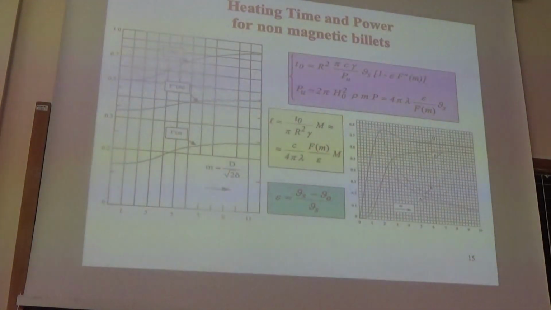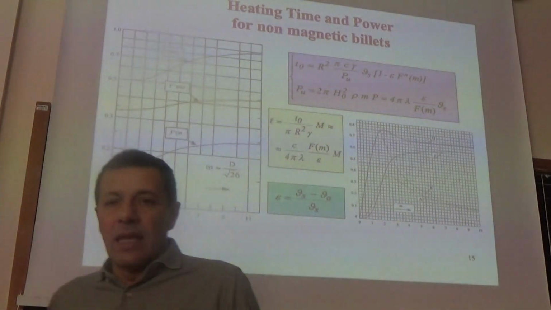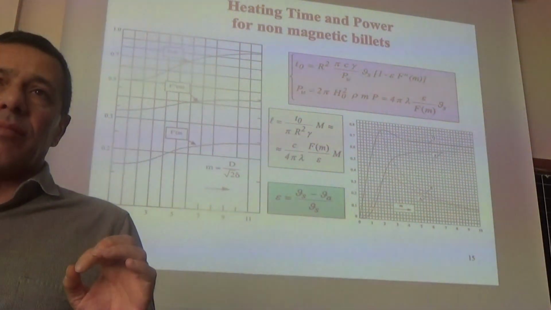How can we choose such parameters? So this is very complicated. I will try to give you some ideas on how to choose properly the time and the power. First of all, we are in an ideal situation.